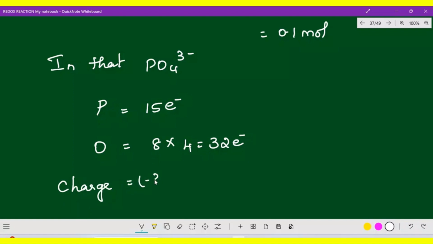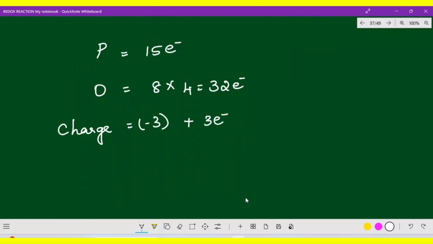Minus 3 usually means gaining electrons. Losing electrons means plus, like Mg2 plus and Ca2 plus, where 2 electrons are contributed to complete the octet. Here gaining electrons means minus, so addition of electrons, plus 3 electrons. So the total number of electrons is 50. I hope you got that idea.